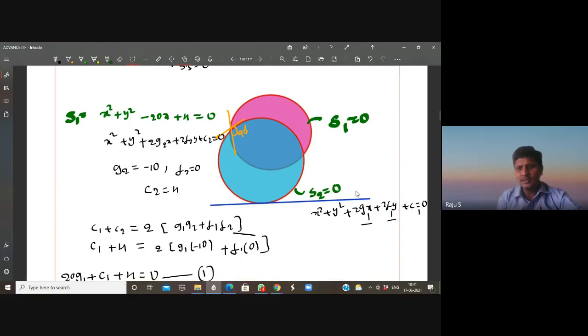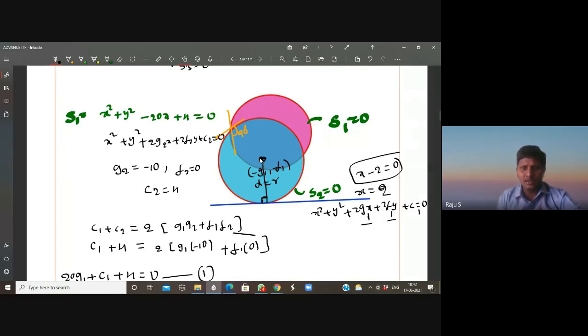The center of the required circle is minus g1 comma minus f1. Touching means the perpendicular distance is equal to the radius. The line equation for x is equal to 2 means x minus 2 is equal to 0.